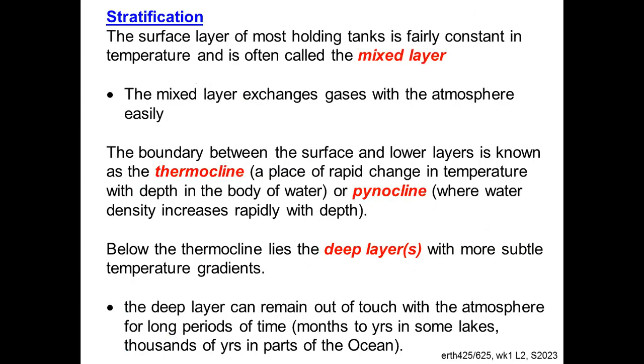So when we look in bodies of water that are stratified, we find basically 3 layers: an upper layer, a deep layer, and something called a mixed layer, which is the interface between the upper and lower layers. This mixed layer will have a range of properties that go from something like the surface layer at the top of this mixed layer to something like the deep layer at the bottom of the mixed layer.